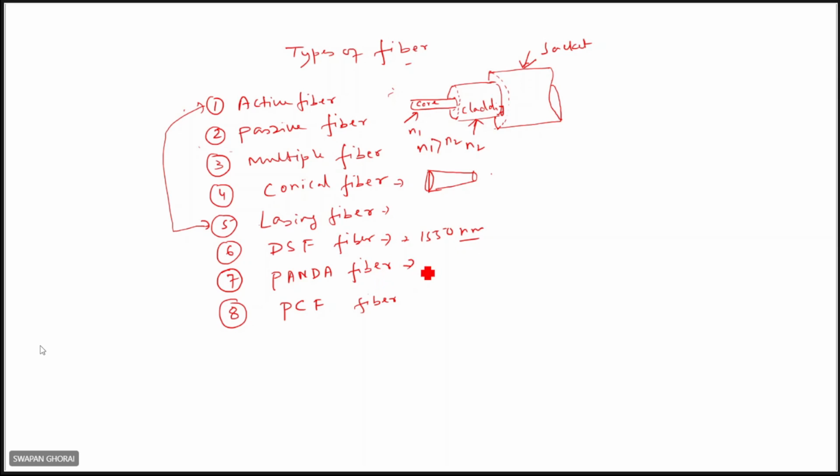Panda fibers, that is polarization maintaining fibers. When you use fibers for extremely high bit rate systems, polarization dispersion comes into the picture. That will degrade the bit rate or increase the bit error rate, right? So to reduce that, polarization should be maintained.